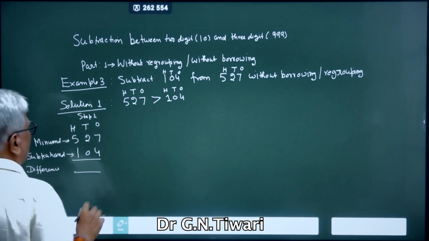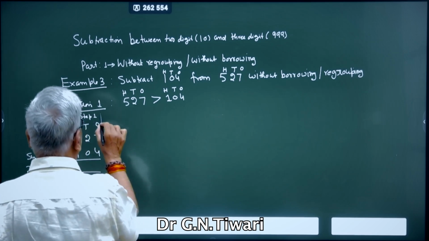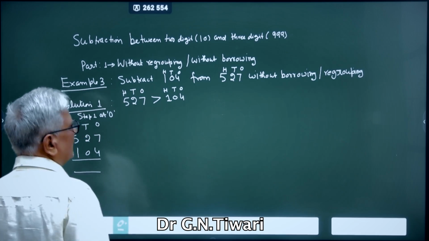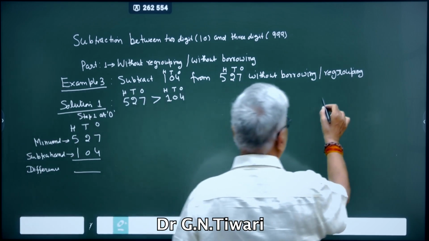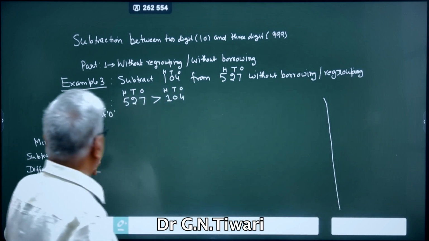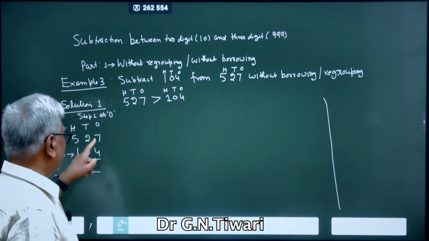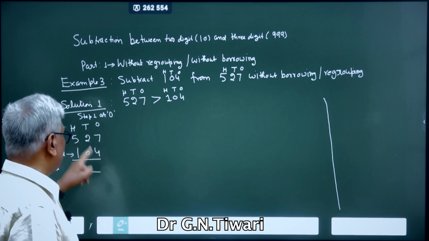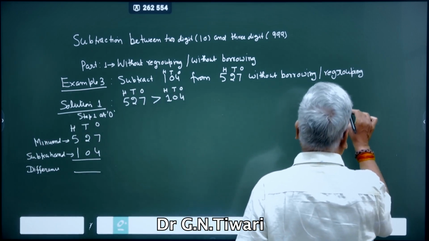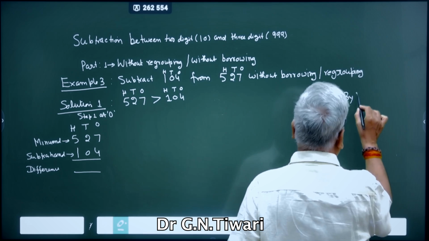Step 1 at O, do rough work. You have to subtract from 7, subtract 4 from the 7. So the big digit is here. By backward counting, right? By backward counting.